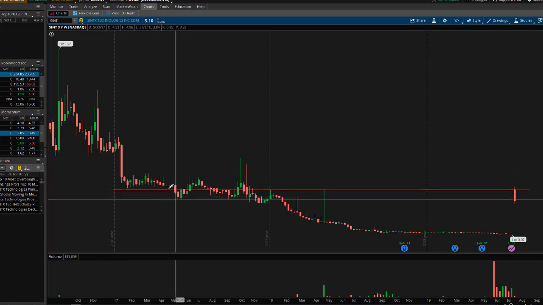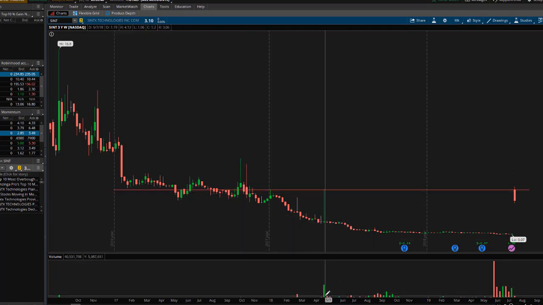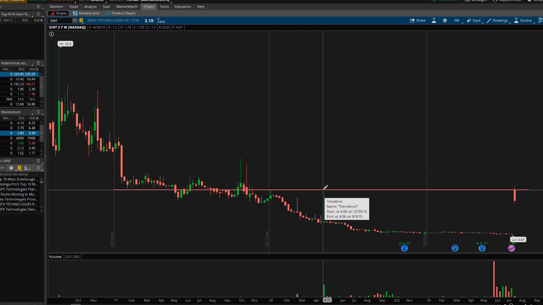When a huge amount of volume came, it went all the way to this price and it just sold off. So there's definitely a lot of supply at this price point of $4.06. So we can use this as an area of resistance or support depending upon what the stock does intraday.